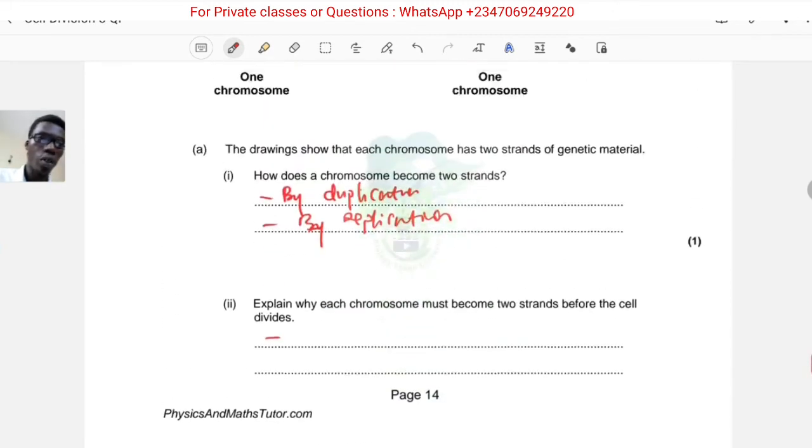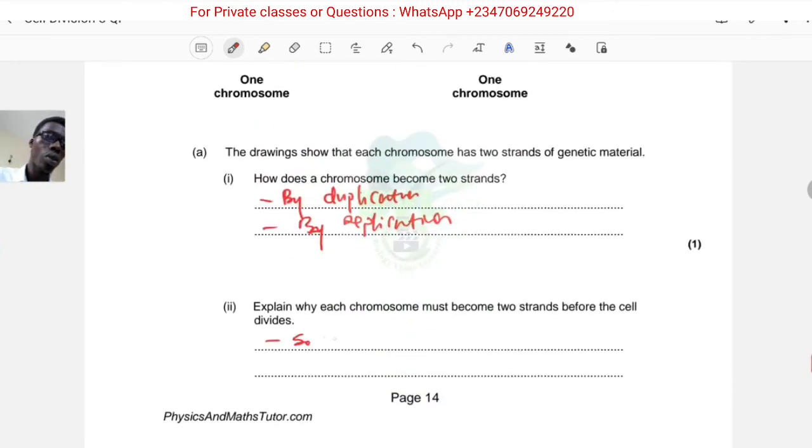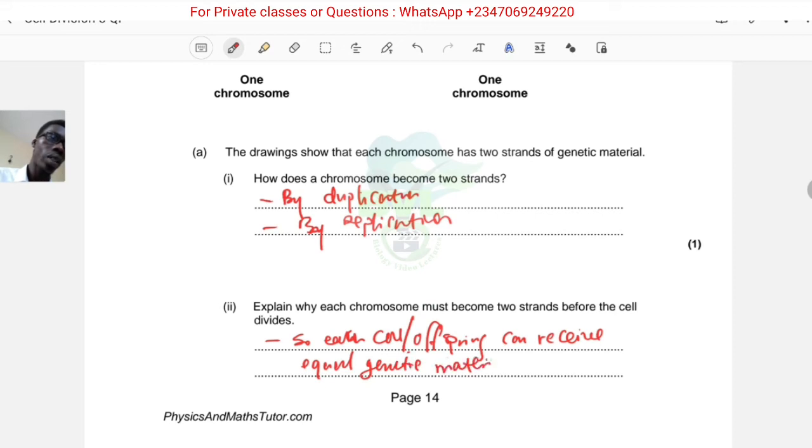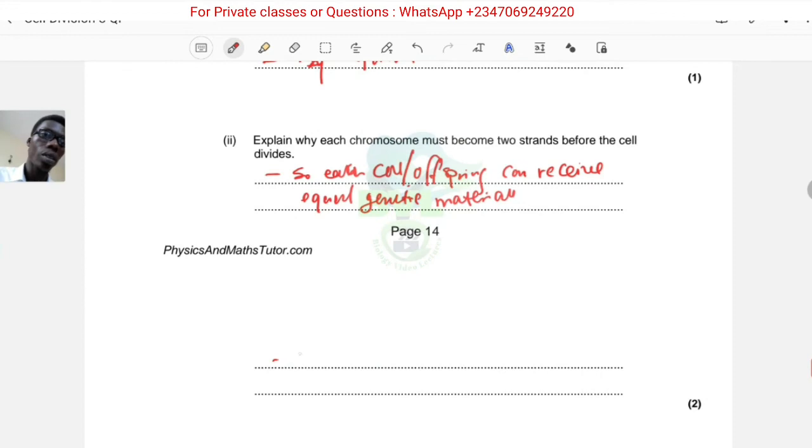All right. Explain why each chromosome must become two strands before it divides. Okay, 1 or 2 points. So each cell or offspring can receive equal genetic materials so that each cell can be identical.